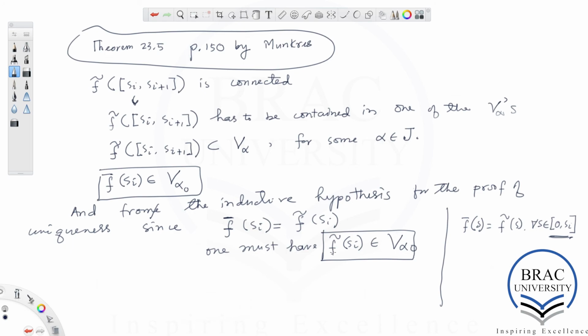Now, since the image of this closed subinterval under F tilde must be in one of the V alphas, and F tilde of s_i is already in the slice V sub alpha 0, the image of this subinterval under F tilde should also be in this slice.